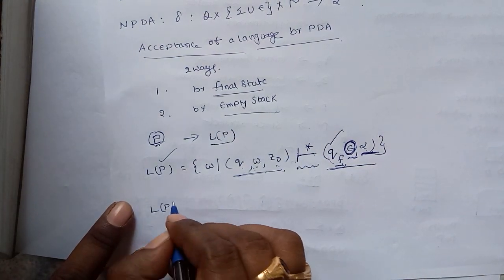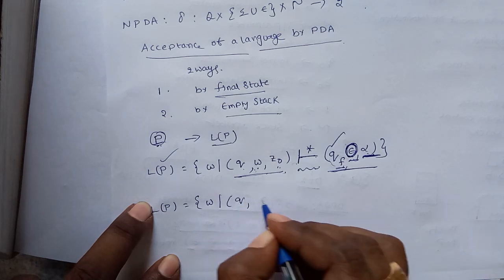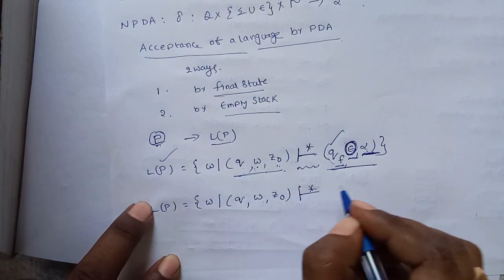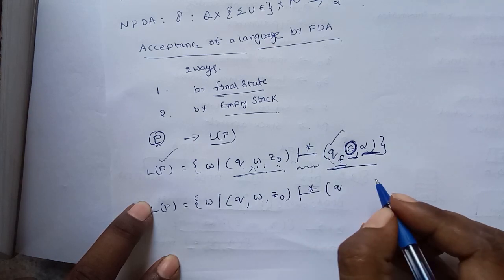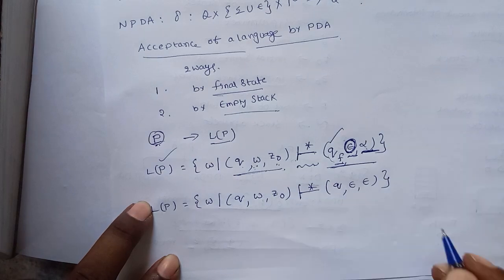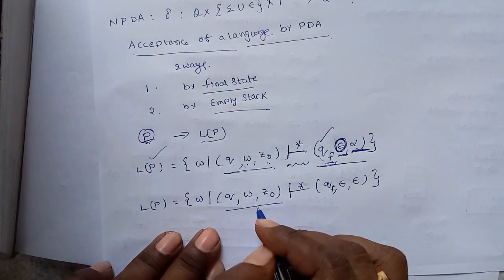Suppose another case is (Q, W, Z0) moving to (Q', epsilon). See this one, initially I am starting from this one, the same procedure.